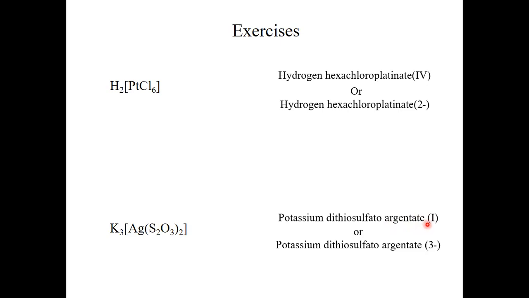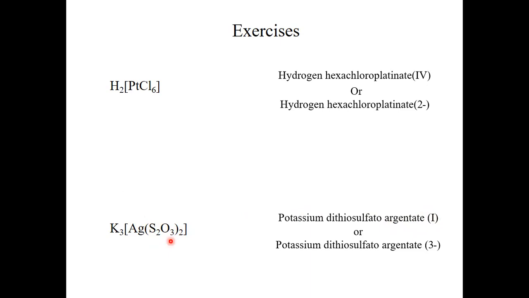Okay. Now, again, in the Stock system, we would place the oxidation number in Roman numerals. So the oxidation number is in this case +1. Why is that so? Because the 2 thiosulfato ligands would have a 2- charge each, so that gives 4- charges.